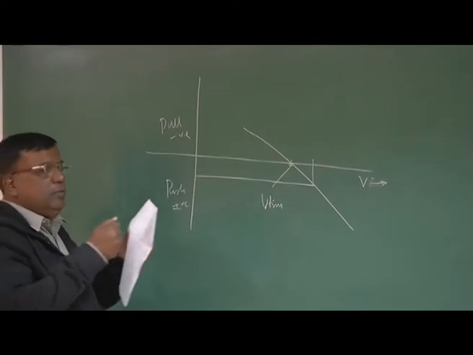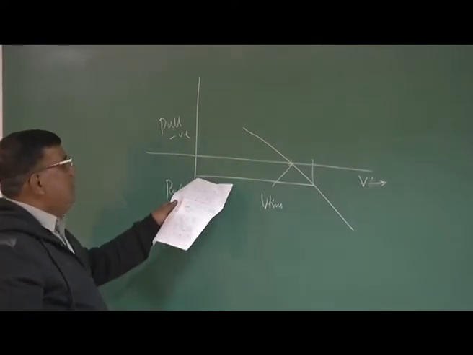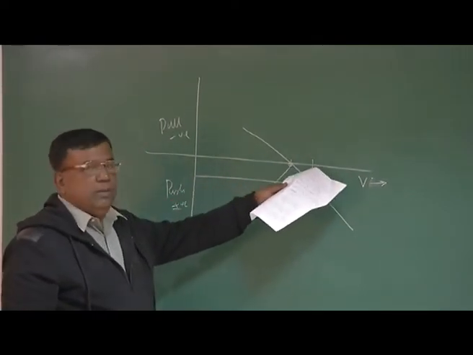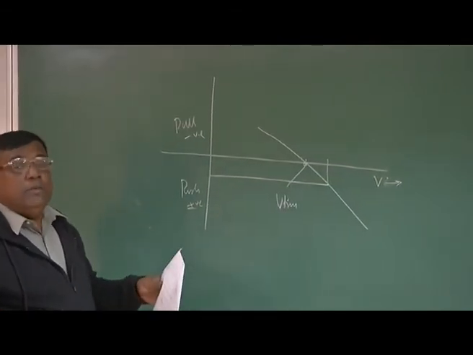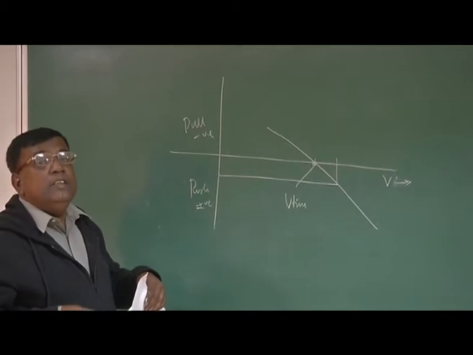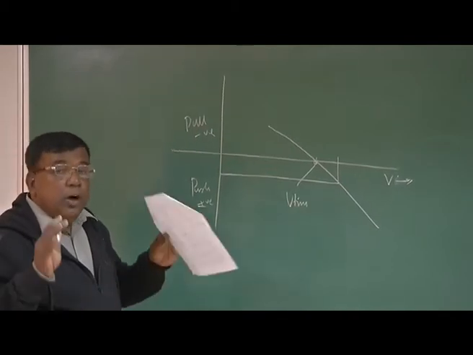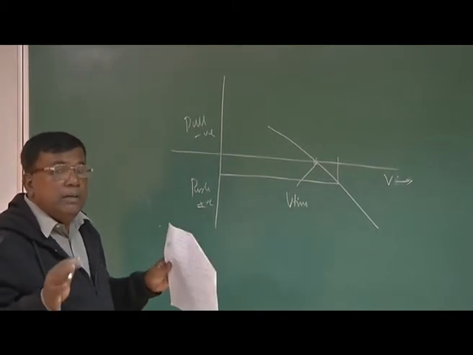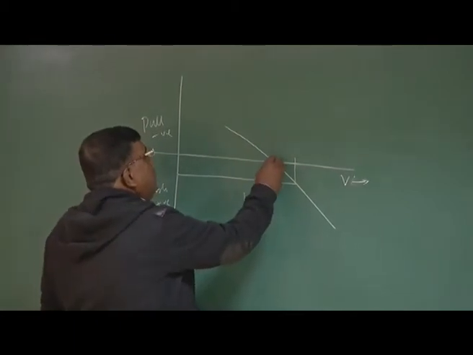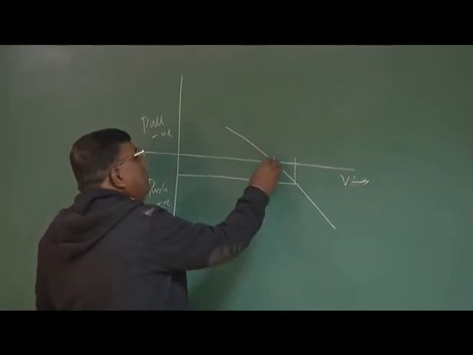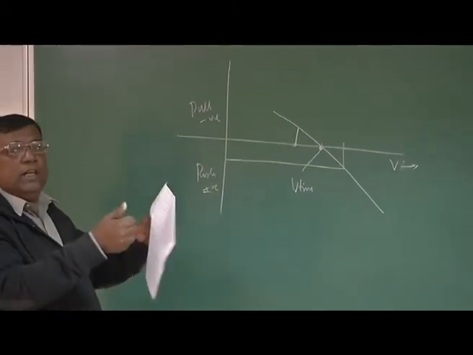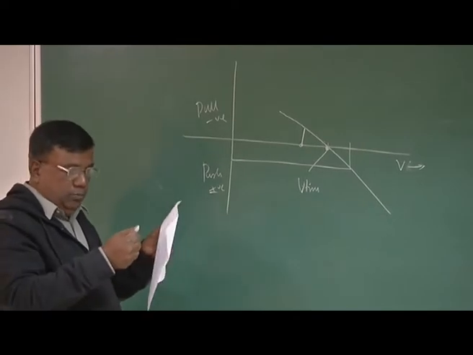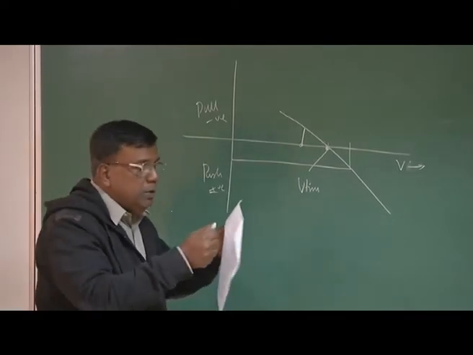So consistent push force, I am increasing the V from V trim 1 to V trim 2, or V trim 2 is more than V trim 1. I am increasing the speed for trim. I am talking only about trim, not transients. Please understand. Similarly, if I try to trim the airplane at a speed lower than this V trim, let's say here, it says I have to pull it, which is also consistent. I want to reduce, pull. If I want to increase, push.